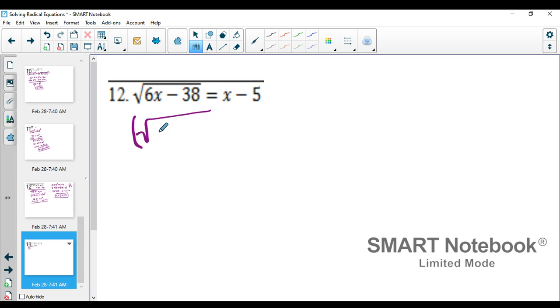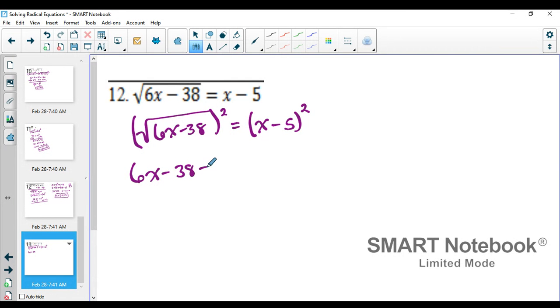So we have the square root of 6x minus 38, squared, equals, and then we have to square the entire right side of this equation. All right, so over here we know that the square root and the squared are going to cancel. That's basically been the whole point of this lesson up until this point. So we're left with 6x minus 38.